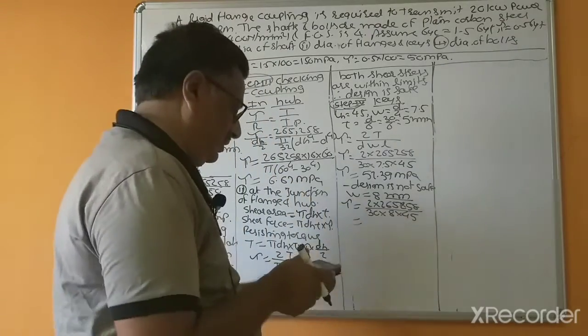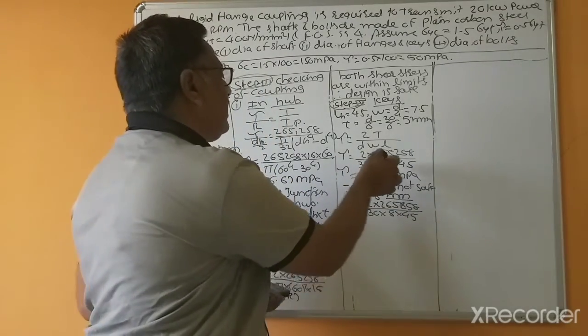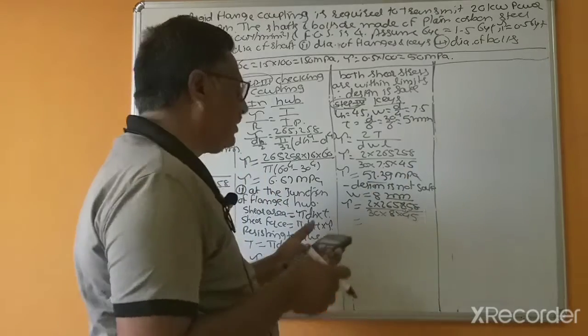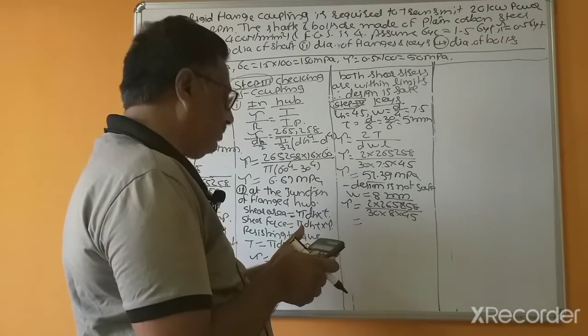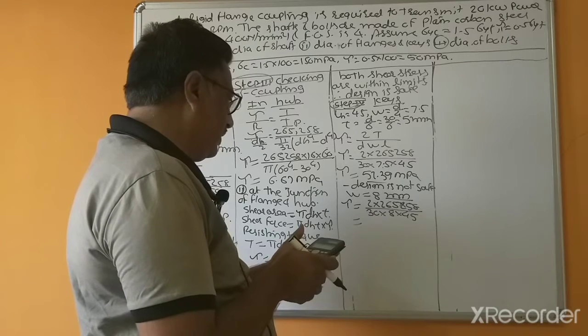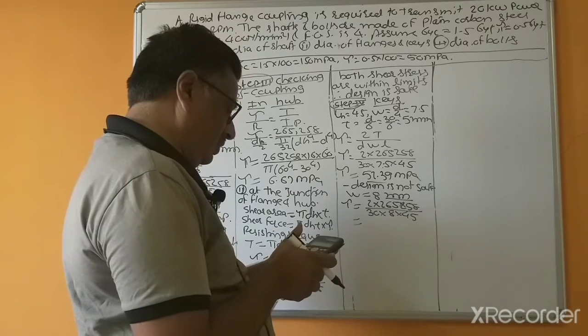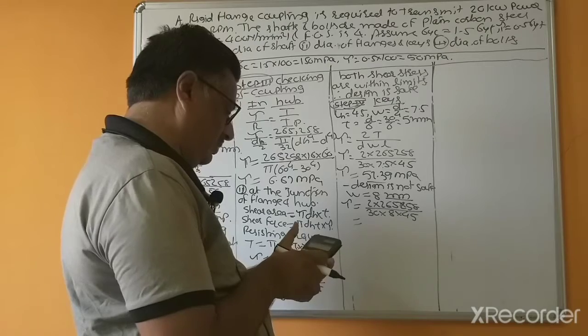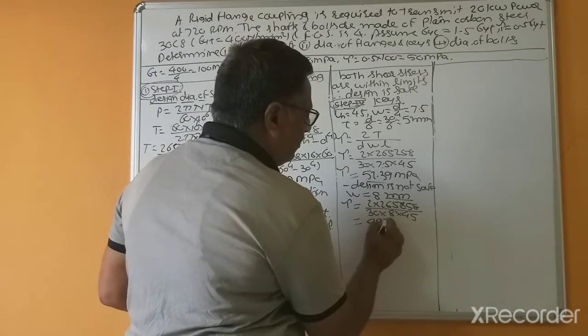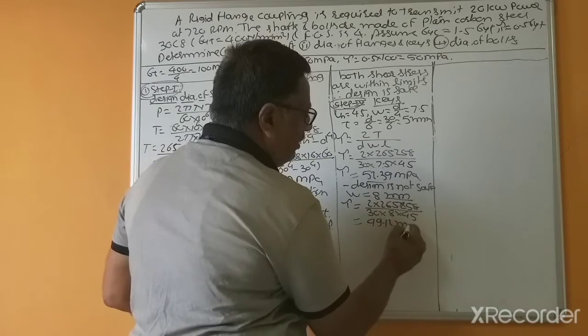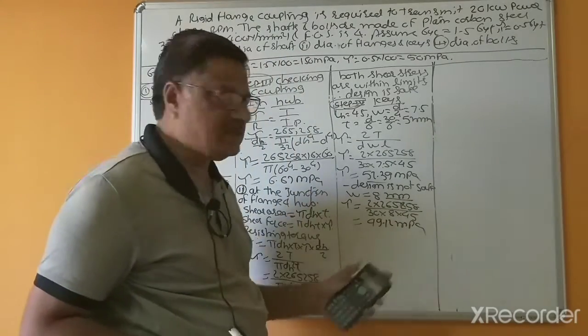Definitely you will get, because slightly increasing, because this is slightly greater. 265,258 multiplied by 2 divided by 30 divided by 8 divided by 45, and this is 49.12 megapascals, means design is safe.